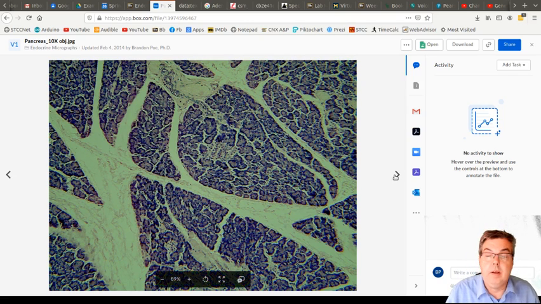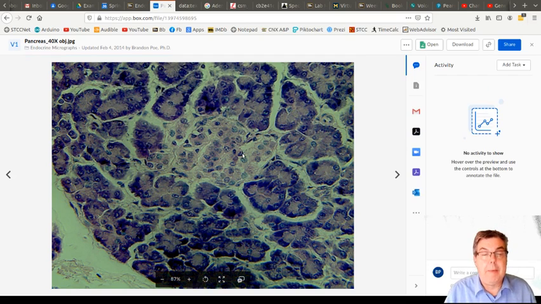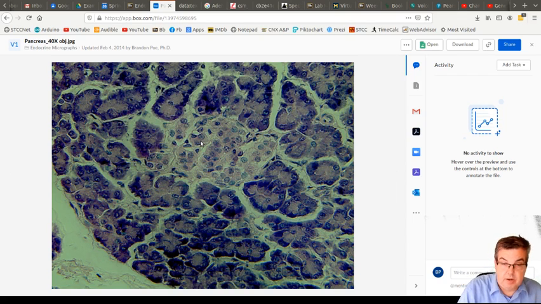Now this should be the higher power. Yeah, so this is that same islet, darker tissue surrounding it. If we were to look at this next to the parathyroid gland or the parafollicular cells of the thyroid, it wouldn't really look that different. They're basically the same kind of tissue in the end. They don't do quite the same things. They don't look identical.